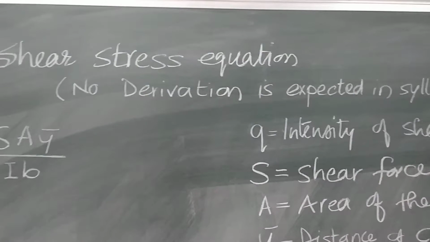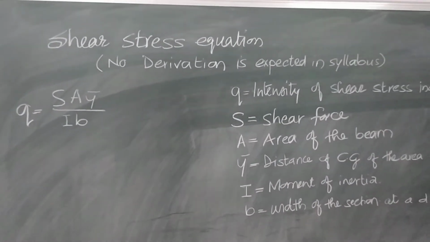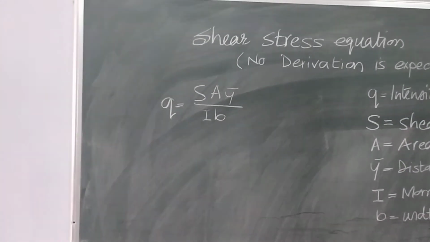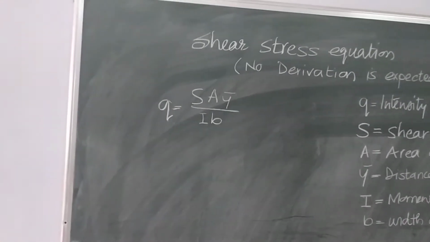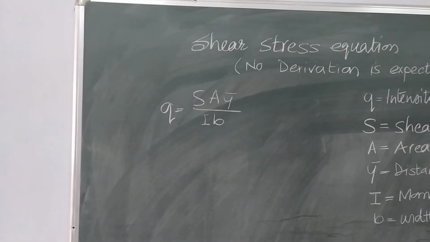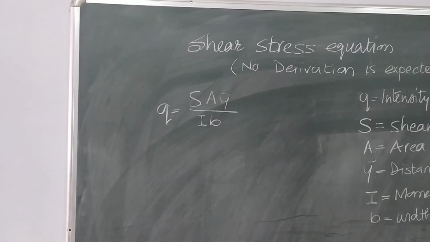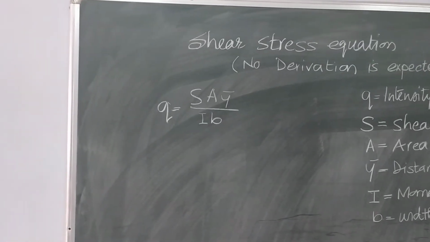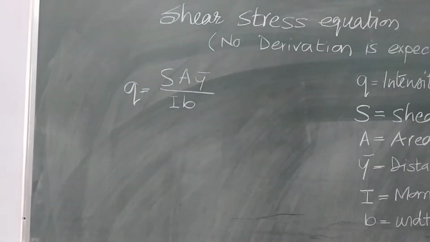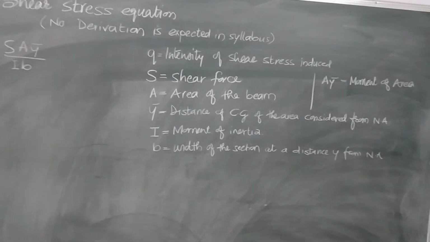Now, let us study the shear stress equation. Please note, derivation is not expected in your syllabus for MSBTE. It is q, small q, which is known as intensity of shear stress induced. Small q is equal to capital S A y bar upon I into B. Let us write down the terminology for terms used in this equation. q is intensity of shear stress induced.